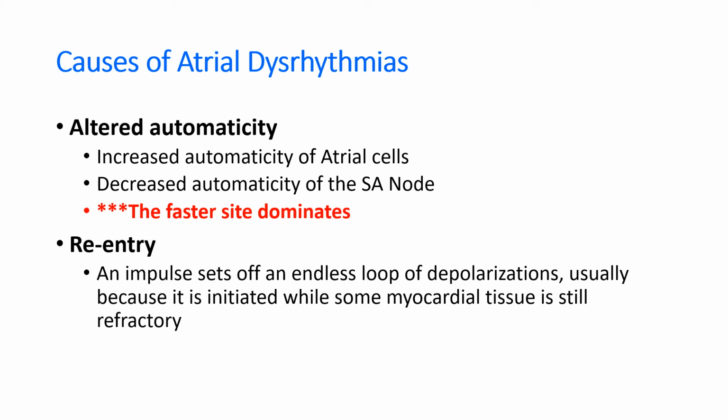Oftentimes, when there are changes in the dynamics of the atrial structure, such as dilation or enlargement, new ectopic sites will pop up and take over as a pacemaker. There's also re-entry, where an impulse sets off an endless loop of depolarization, usually because it's initiated while some myocardial tissue is still in refractory. We'll go over this afterwards when we talk about SVTs.